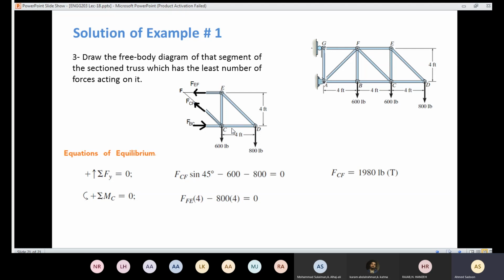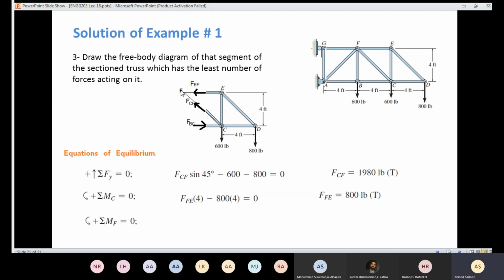But 4 here is this distance. I have only one unknown, so I can easily find the value of the force acting on the member FE. And the answer came out to be positive, which means that indeed the force acting on the member EF is in tension.